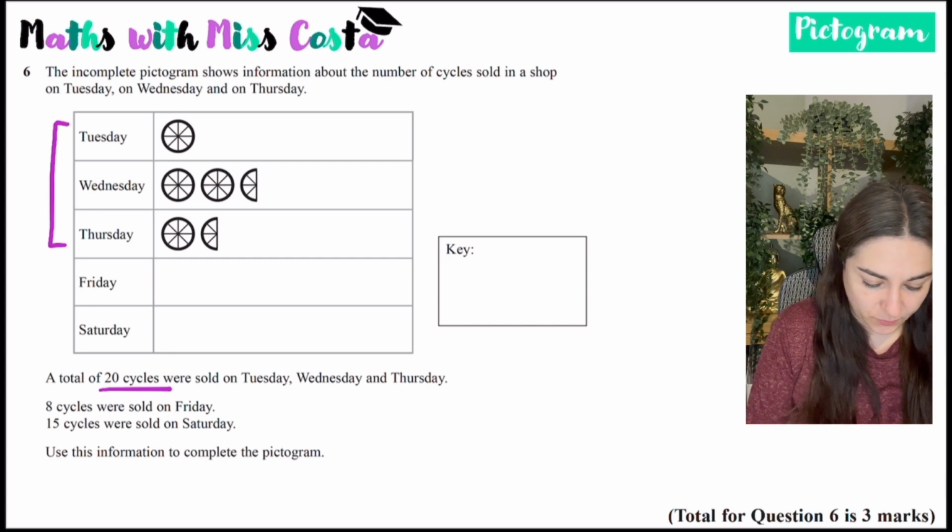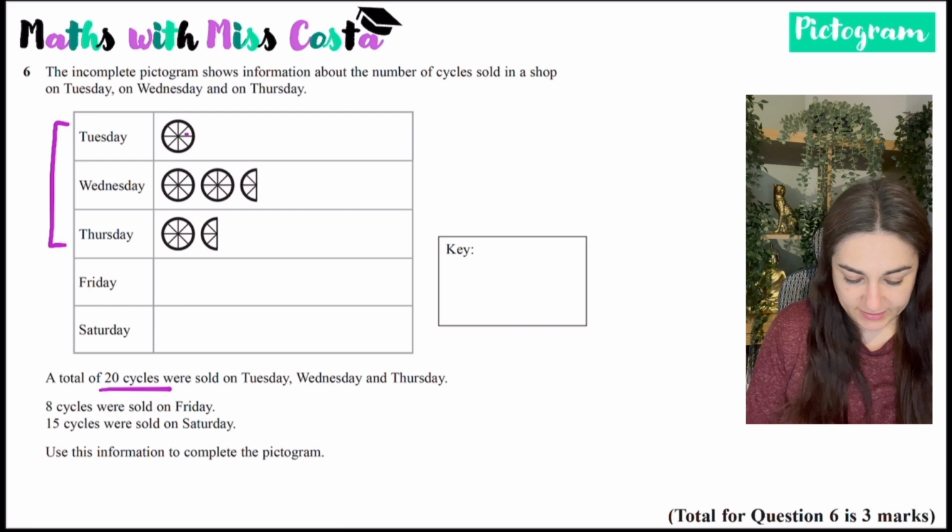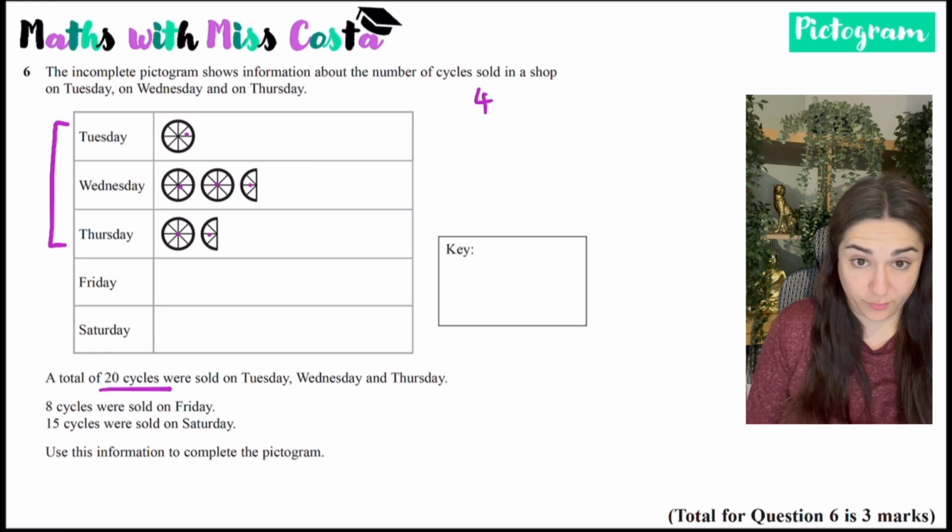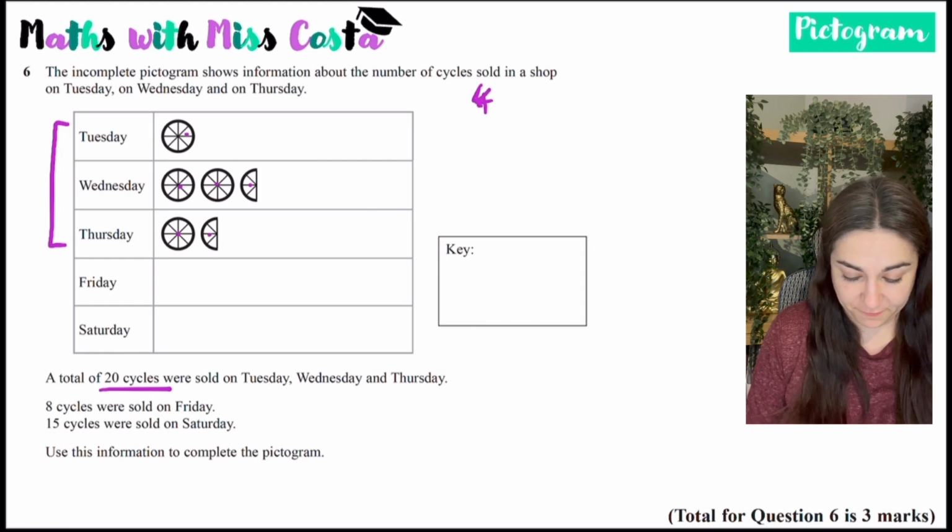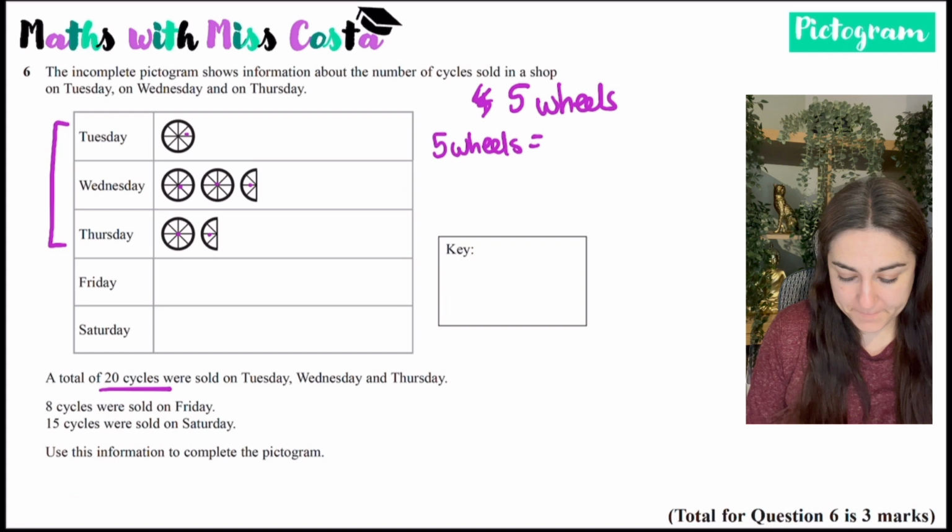In total, all 3 of these pictures, that's 1, 2, 3, 4 full wheels plus 2 half wheels, makes 5 full wheels. So we know that 5 wheels must equal 20 bikes.